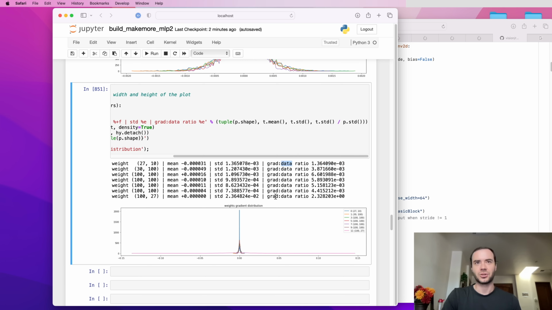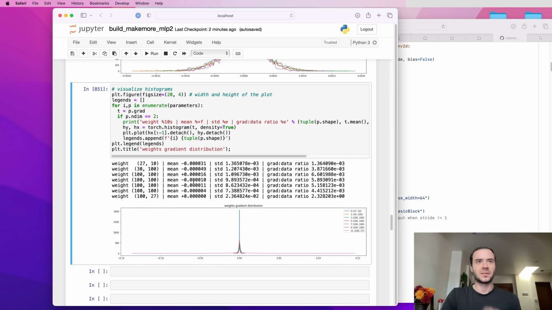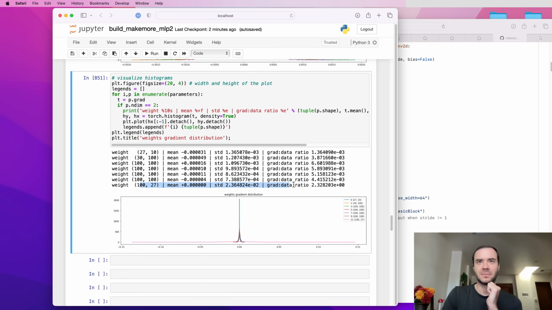Now, notably, that is not true about the last layer. And so the last layer actually here, the output layer, is a bit of a troublemaker in the way that this is currently arranged. Because you can see that the last layer here in pink takes on values that are much larger than some of the values inside the neural net.